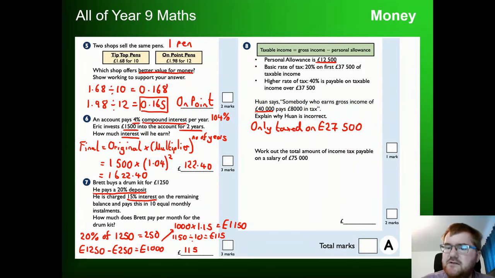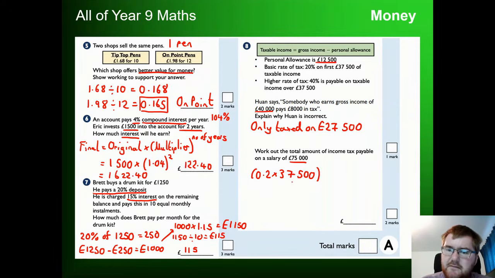So work out the total amount of income tax payable on the salary of £75,000. Well, first of all, we're not paying any tax on the first 12,500, so you can ignore that. He's going to pay 0.2, 20%, on the next 37,500. So we're going to pay that amount of tax.